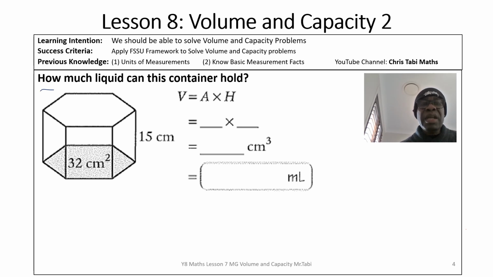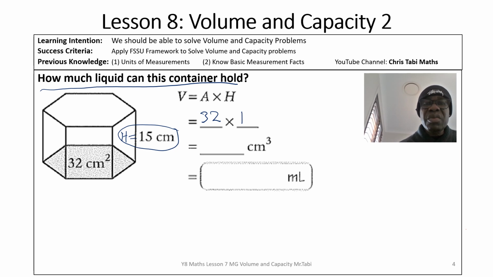How much liquid can this container hold? Again, you need to work out the volume first. The cross-sectional area has been given as 32 square centimeters. So A is 32 square centimeters. Let's pop that there. Remember, that's our formula. Substitution will simplify, get our final answer. The height H is equal to 15 centimeters.